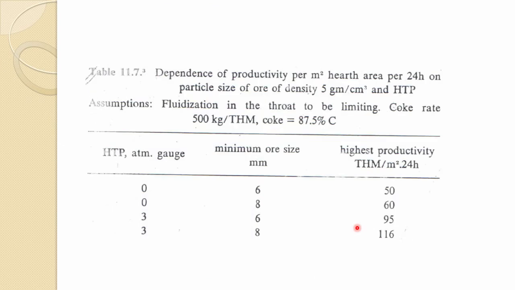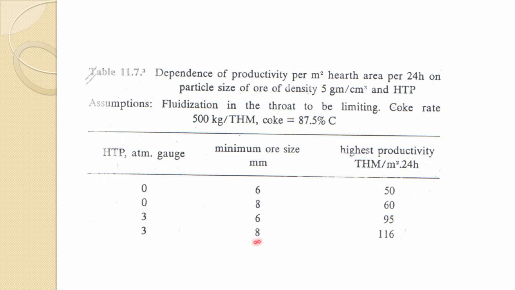And if your top pressure is 3 and minimum ore size 6, you can see the productivity is almost 95 ton hot metal per meter square per day.